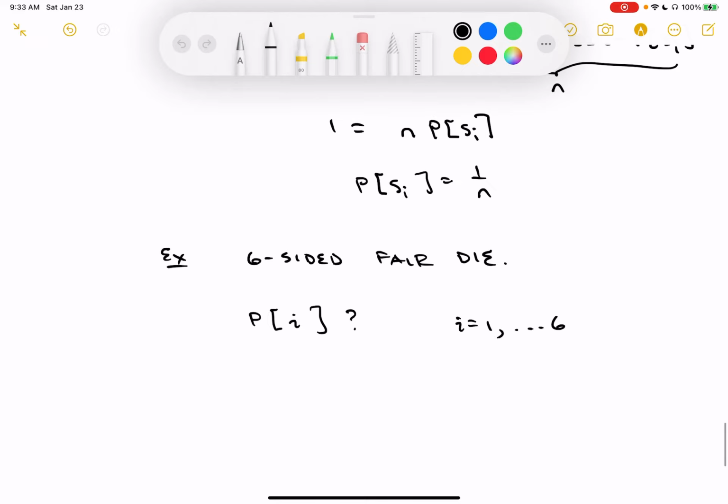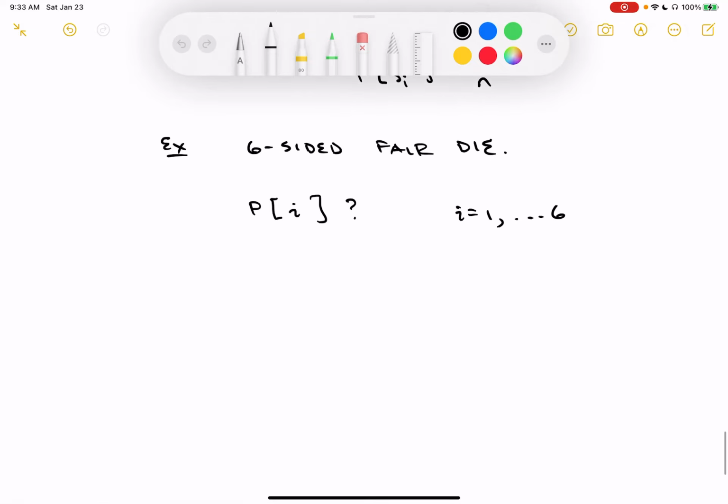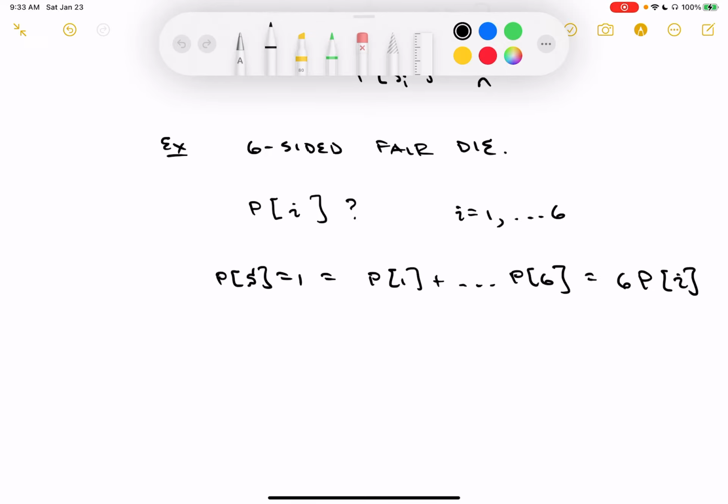Well, they're equally likely, so the probability of S equals 1 equals the probability of a 1 plus all the way out to the probability of a 6, which equals 6 times the probability of i, because Pi is equal to a constant.